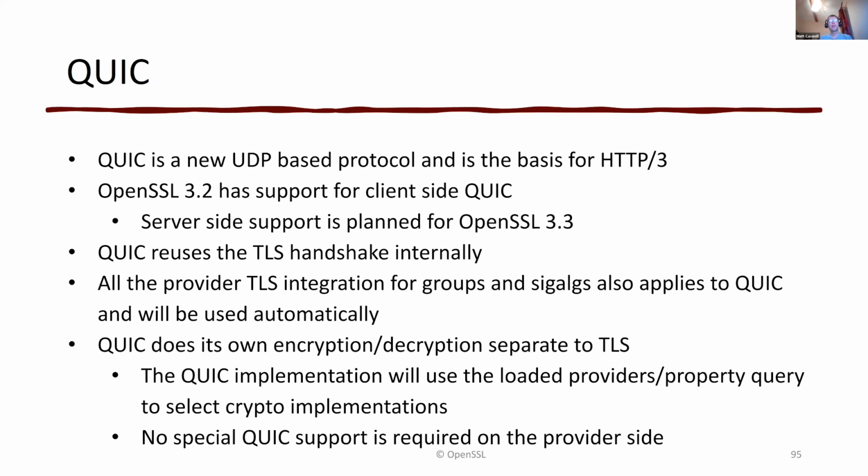It will just use the loaded providers and property query and so on to use the appropriate crypto implementations. No special QUIC support needs to be included in those algorithms. They're just standard ciphers. If QUIC is going to use it, it will just use that provider-supplied cipher implementation. And that's it.